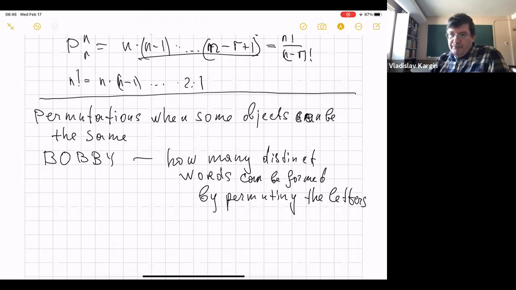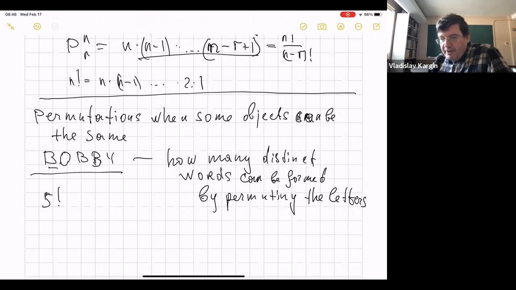If you look at the previous example, there are 5 letters here, and we are allowed to permute all of them, so it should be 5 factorial permutations of the letters. But this is only if all the letters are distinct.